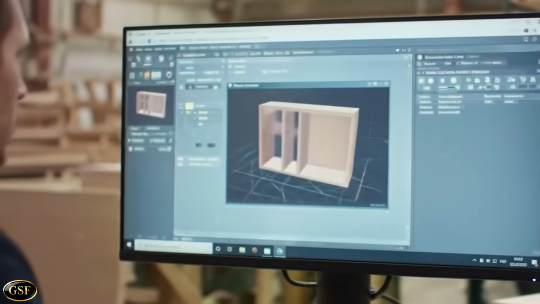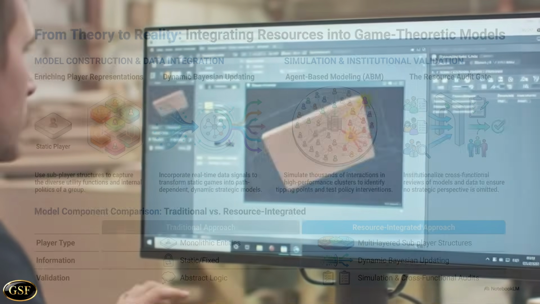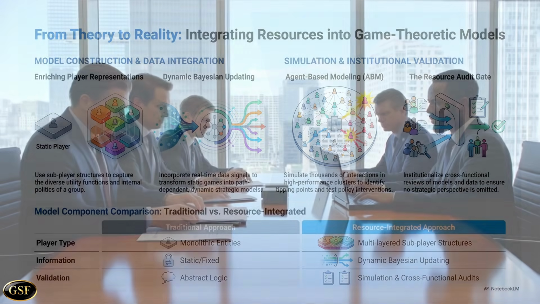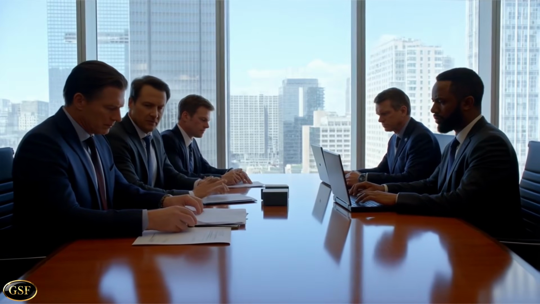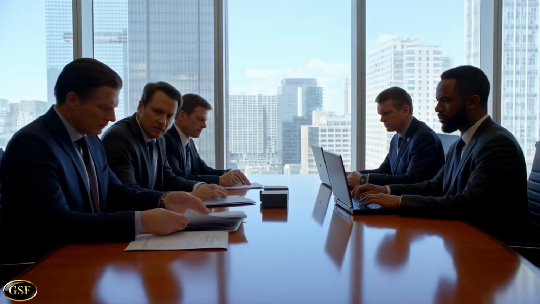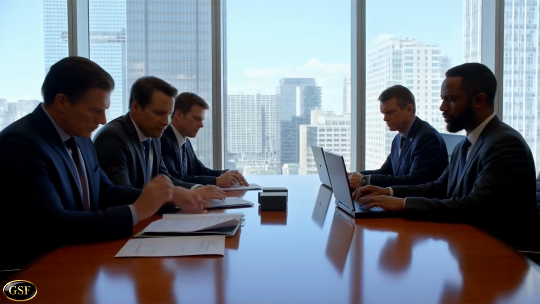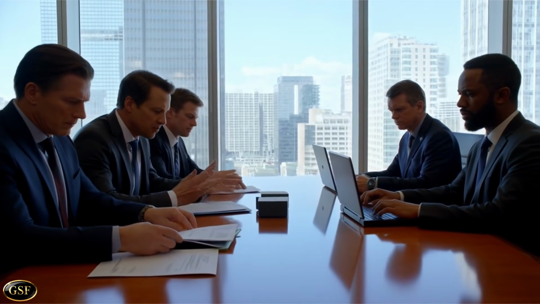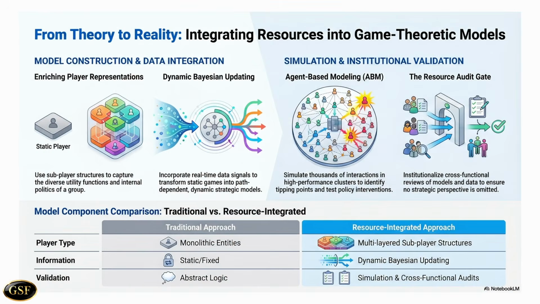Each sub-player brings distinct utility functions, perhaps differing weight on wage versus job security. The coalition's collective payoff is then an aggregation, for example a Nash bargaining solution, that respects intra-coalition fairness constraints. This rich representation captures the distributional politics that often decide whether a deal is reached or not.